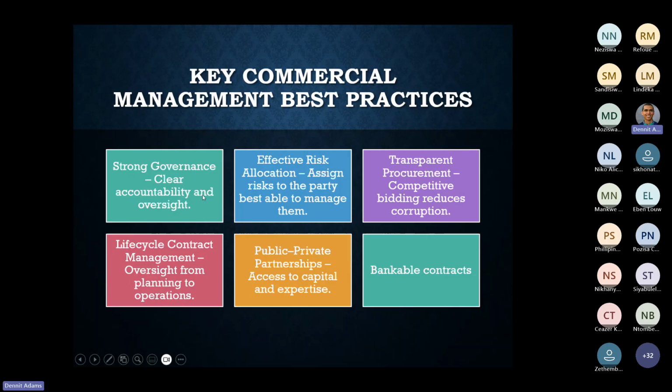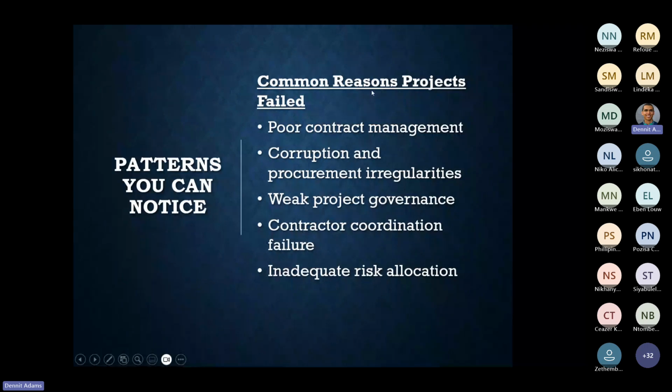And then I just talk about common reasons projects fail, which is a repetition of the other things, of course. Poor contract management, corruption, weak project governance, contract coordination, inadequate risk allocation, which is a lot of the things you can just flip.